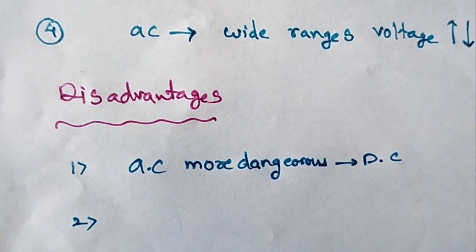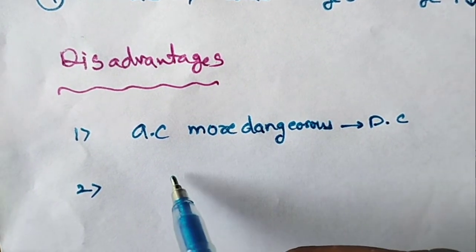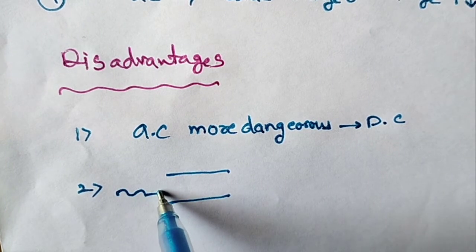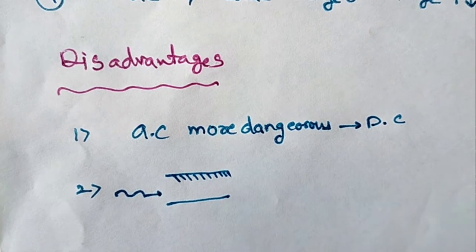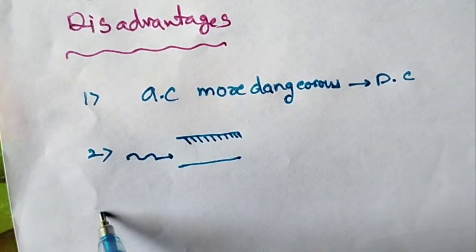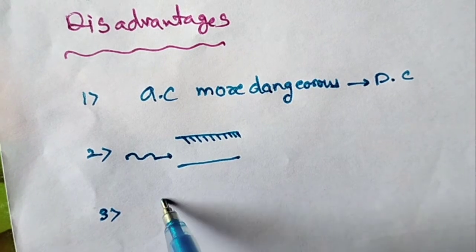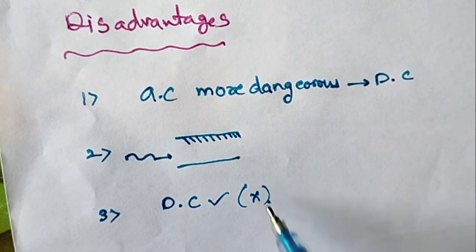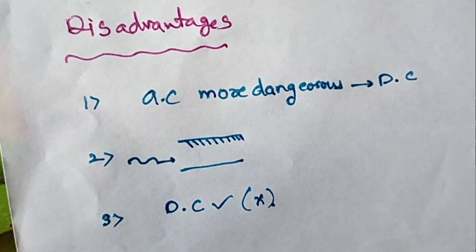Second, it is transmitted more by the surface of the wire. When the AC current is flowing, it is transmitted by the surface. This is called skin effect. And some electroplating and electrolysis use only DC currents, there is no AC current.